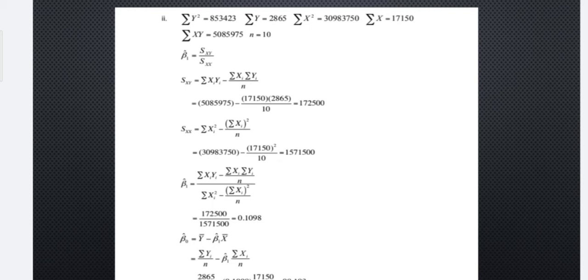Okay, untuk dapatkan all this value of summation ni, summation x, y and so on, you also can use the calculator, right? So still remember how to use the calculator. It is an advantage for you if you can use the calculator untuk dapatkan value. And then you also boleh double check nak tengok value beta 1 dan beta 0 you betul ke tidak.